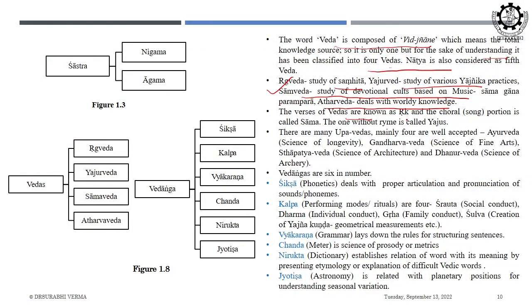Now, in the Nigama Shastra, the same Vedic corpus is available. The verses of the Vedas are known as Rik, and the choral part is known as Sāma. Here you can understand the difference between the actual spoken text and the actual Sāma, the sung portion, the chorus portion. When we recite the mantra, we can read it without making a musical pattern. This is also a method of recitation.